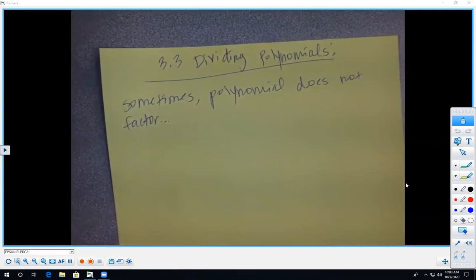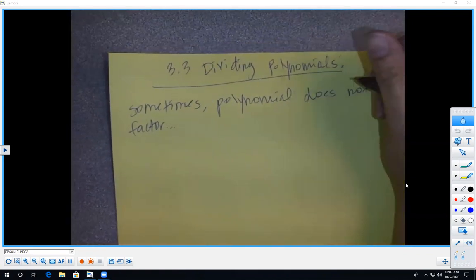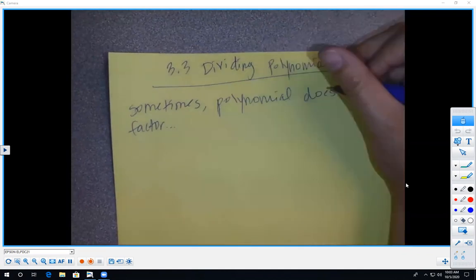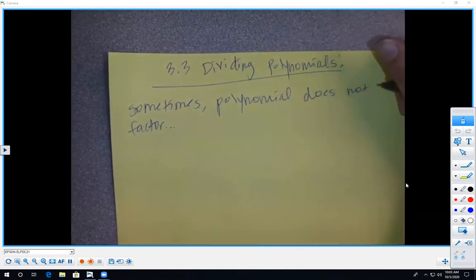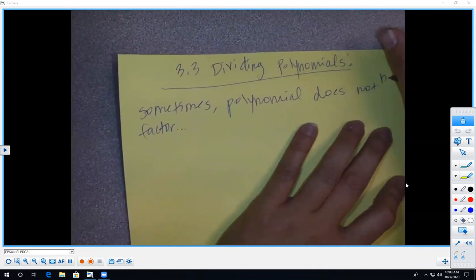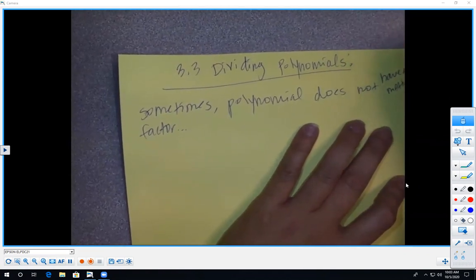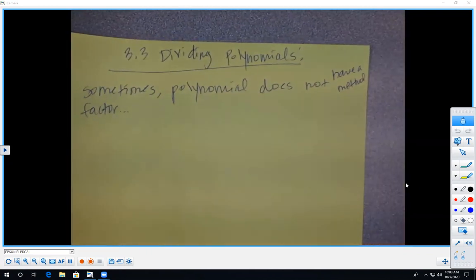We don't have a way of factoring it. So it does not have a method for factoring. It technically does factor, we just can't figure it out based on our AC method or our grouping or whatever it is.